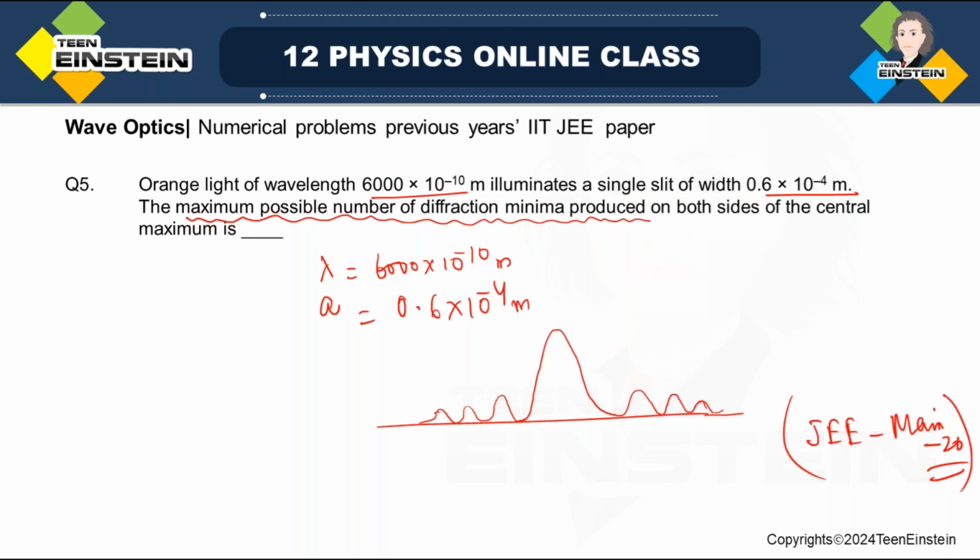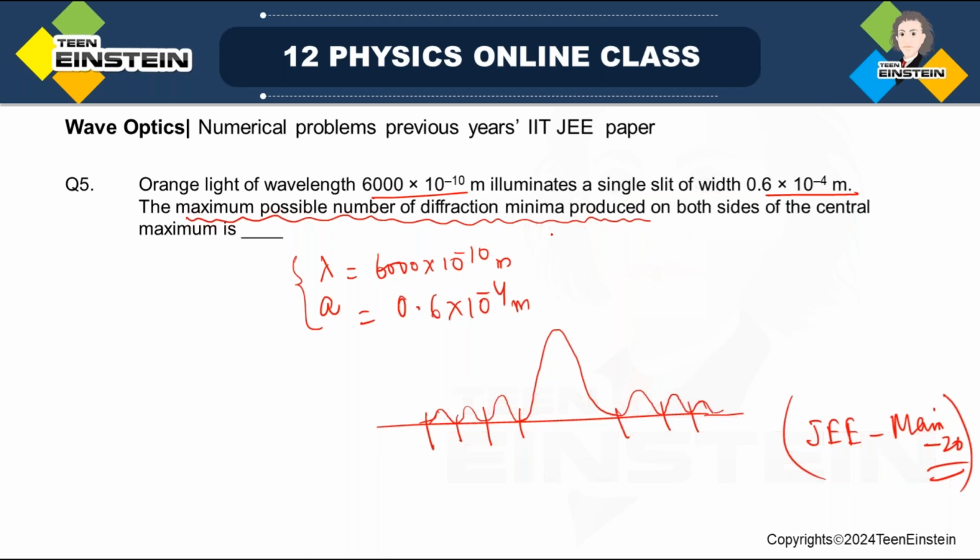So you have to find how many maximum number of these minima will occur on either side of the central maxima, if this information is given. This kind of question we are just solving now.